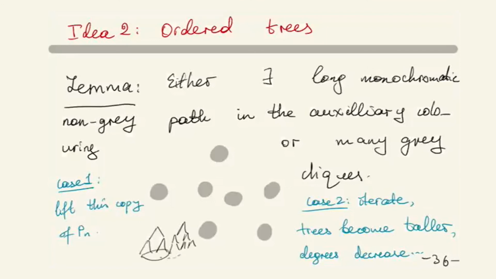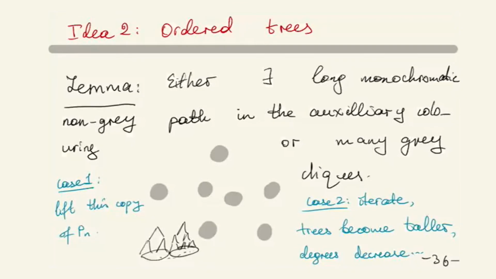Jumping here means that in the original coloring, you do not see a monochromatic path of a certain color that goes from one leaf set to the other. That's why you colored it gray.